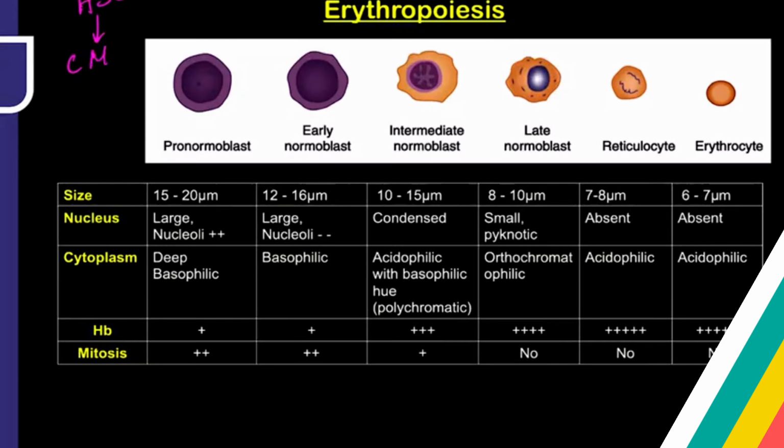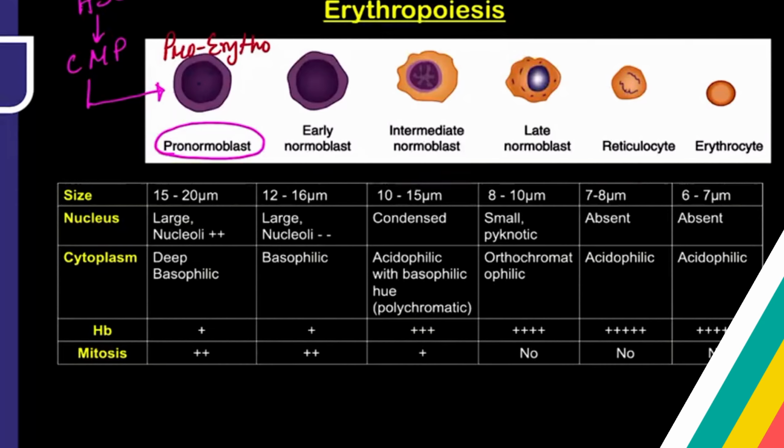From the common myeloid progenitor, the erythroid megakaryocyte progenitor will form, and from there, the first cell in the RBC series. The first cell in the RBC series development is the pro-normoblast or pro-erythroblast. The same cell is also known as pro-normoblast or pro-erythroblast.